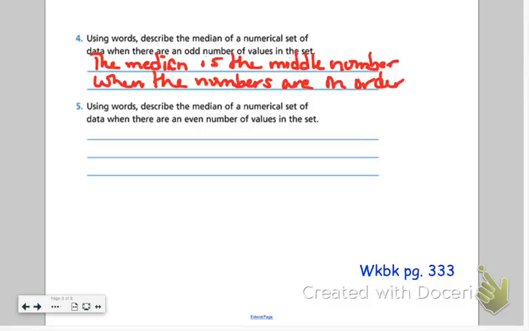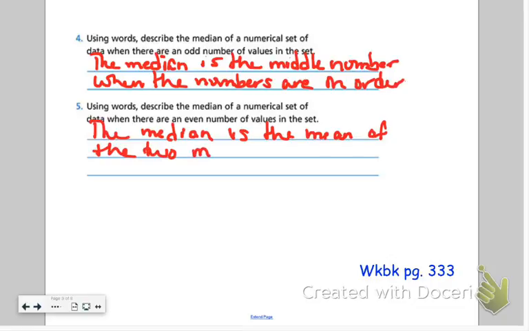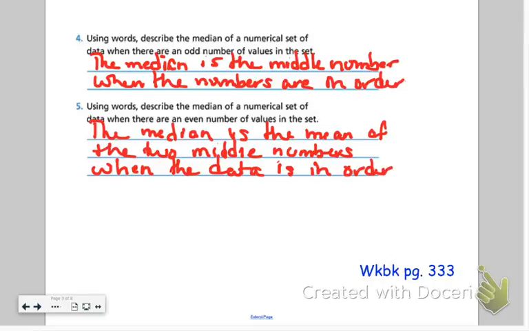Now, describe the median of a numerical set of data when there are an even number of values in the set. So let's see. The median is the mean of the 2 middle numbers when the data is in order. Okay?